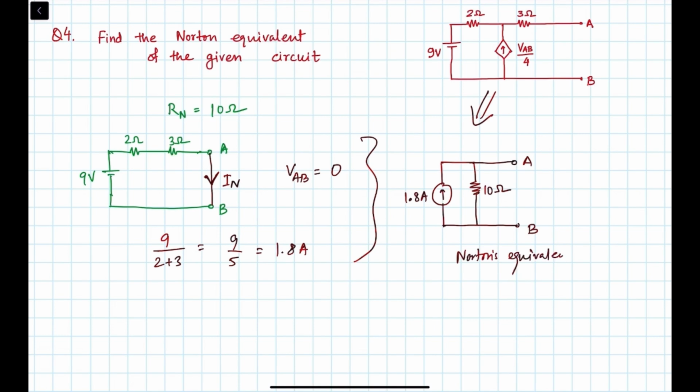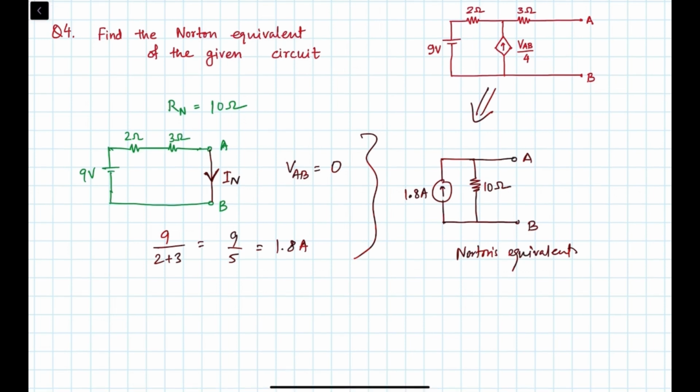You can also find the Norton's equivalent from the Thevenin equivalent. By how? By using source transformation. The Thevenin voltage VTh was 18 volt and the Thevenin resistance RTh was 10 ohm, right?